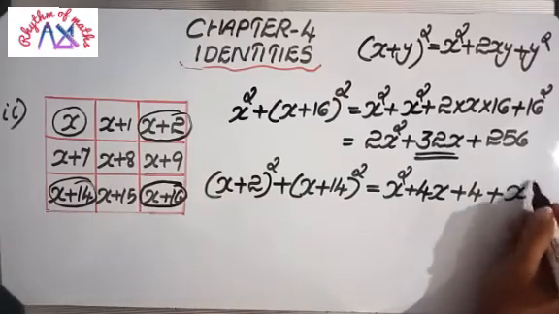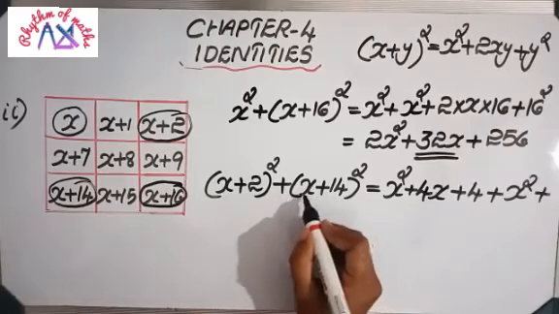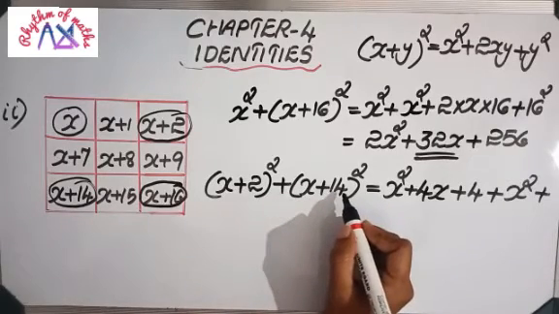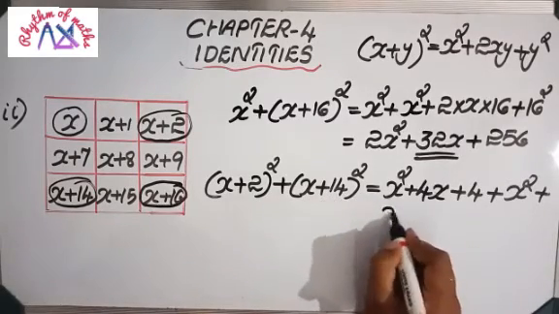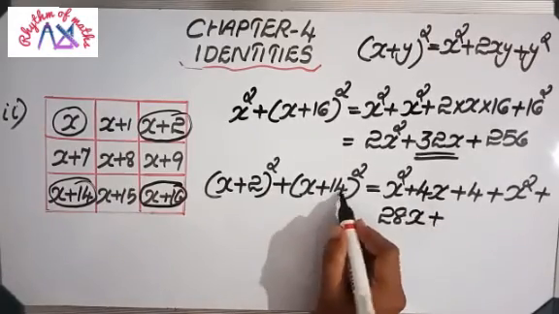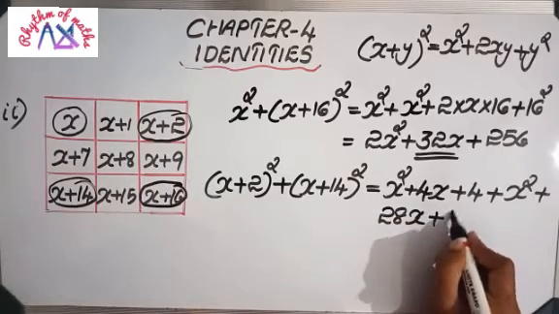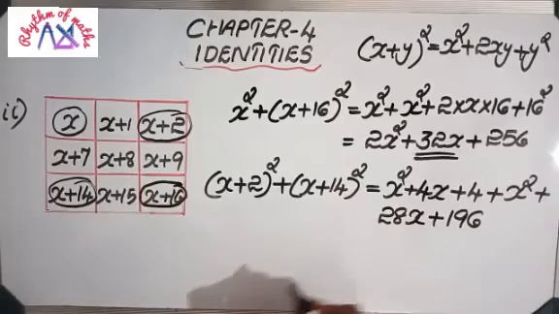First is x square plus 2 into x into 14. So 2 into x, 2x, 2x into 14. 14 into 2 is what? 28. X plus 14 square. Okay, now 14 square means it is 196. Okay, 14 square is 196.